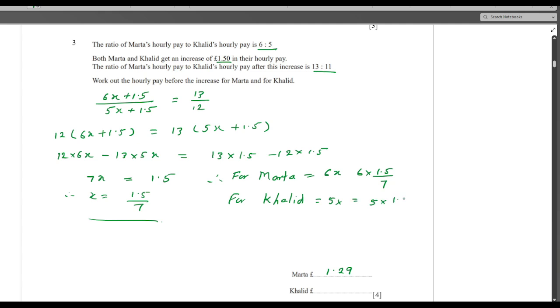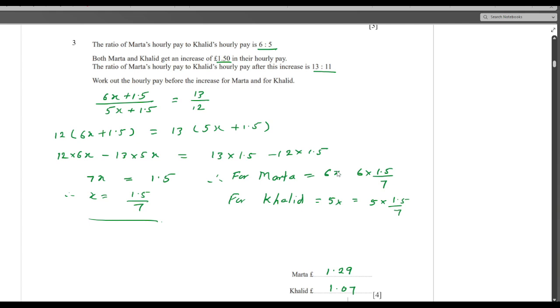So 5 times 1.5 divided by 7. The result is 1.07. Okay, so these are their hourly pay before the increment of $1.5.